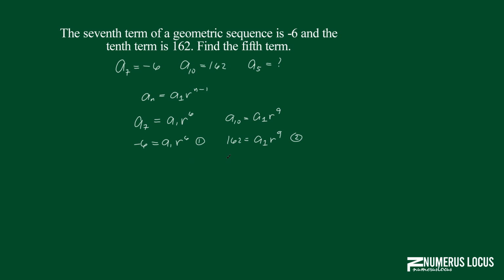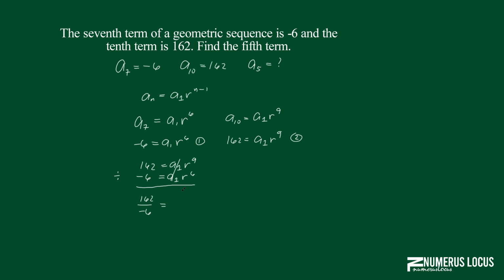We can then divide these two equations so that we can get rid of a sub 1. So we have 162 equals a sub 1 r raised to 9, divided by -6 equals a sub 1 r raised to 6. So we are doing a division of the two equations. We have 162 divided by -6 equals a sub 1 divided by a sub 1, which is 1, and then r raised to 9 divided by r raised to 6.